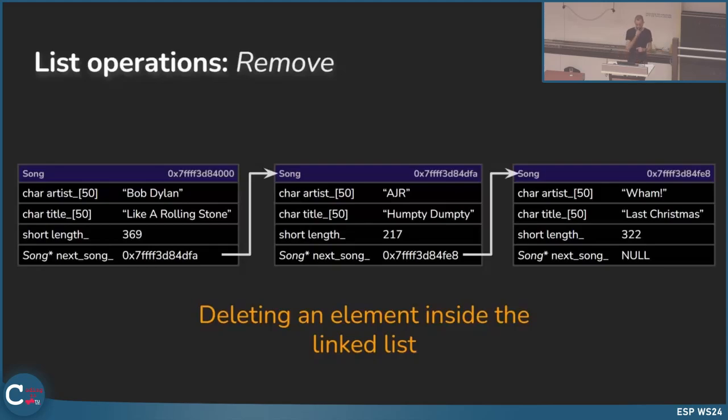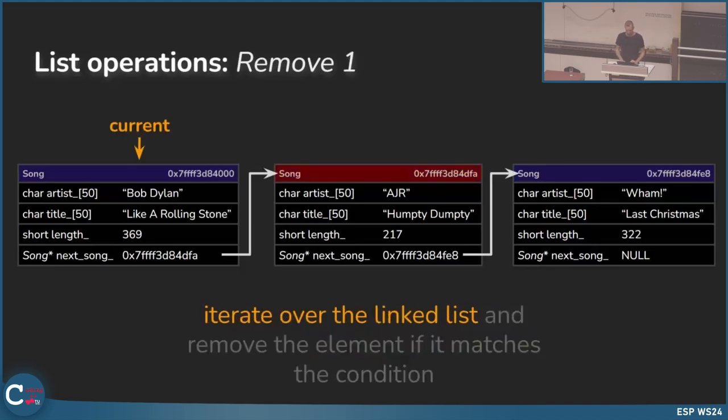Another thing that's very important, and this is what you should use or have to implement at the weekly exercises, is a remove function. So deleting something from a linked list. Deleting from a linked list is very easy compared to deleting something from an array. We saw before deleting from an array is very, very hard because you have to move all the values afterwards.